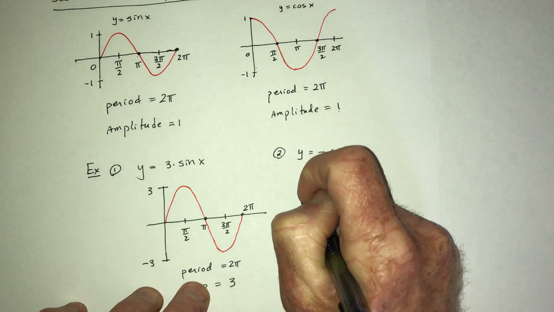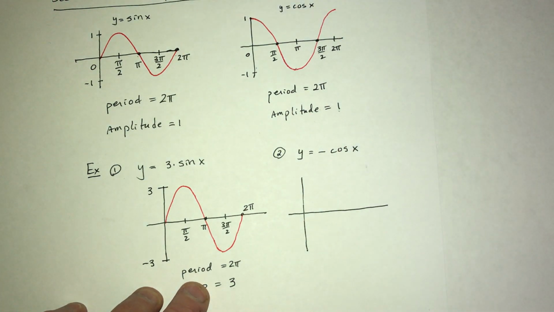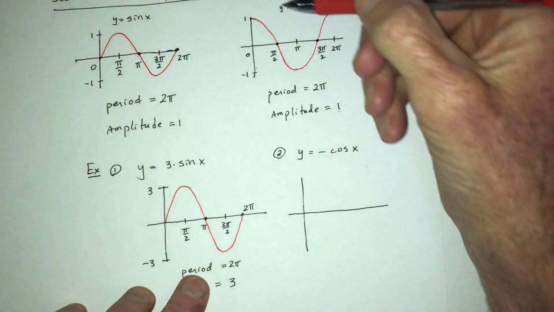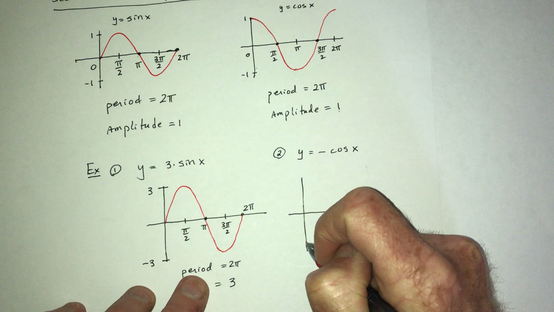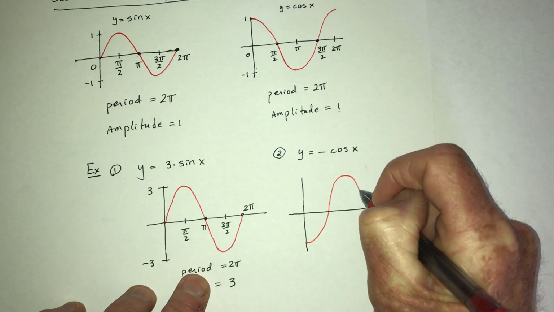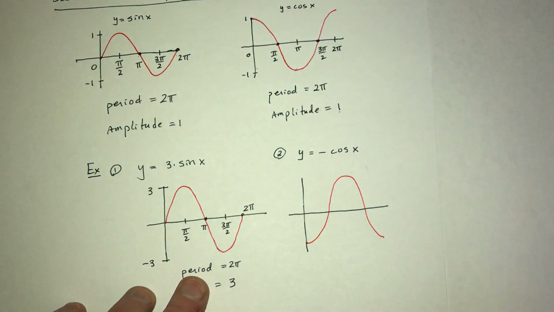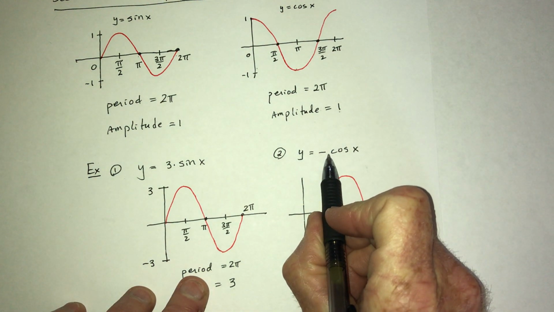So, like always, I'm going to draw it myself, and then I'm going to use the graphing calculator to see if I got it right. So this one, instead of starting at the top and going down, it should start at the bottom and then go up. And the number in front of this is a 1.